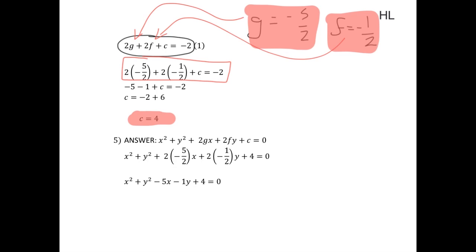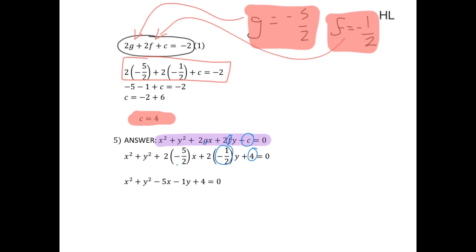So we fill these values into our general form here. Instead of g, we write -5/2. Instead of f, we write -1/2. And instead of c, we write 4.